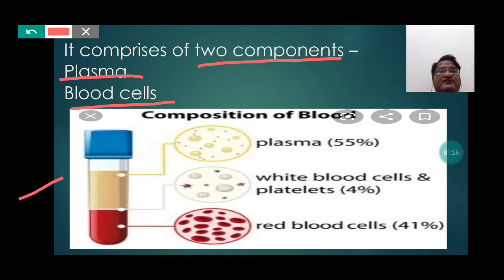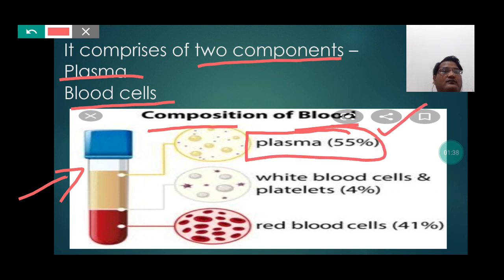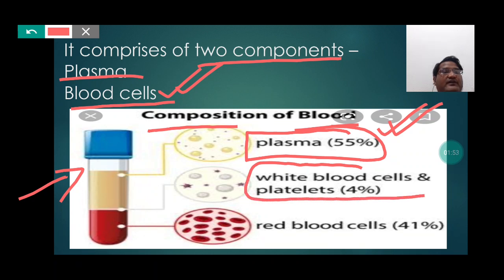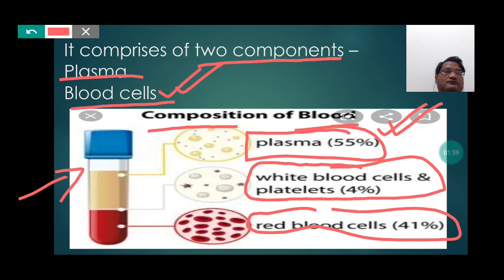If you concentrate on this picture, you can easily understand that the main composition of blood is plasma, which is up to 55% of the total blood volume, and the other most important component is the blood cells, which are further distinguished into white blood cells, platelets and red blood cells. The percentage of the blood cells is 45% of the total blood volume.